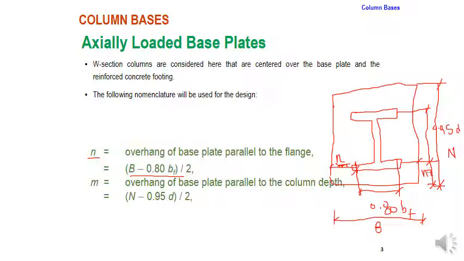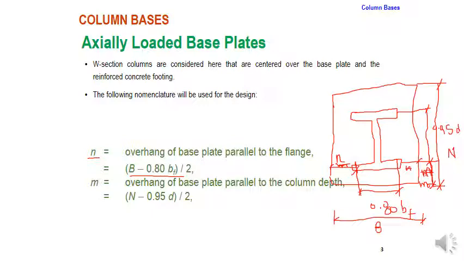If we want to get this M, the overhang part, vertically it will be M, in the vertical direction. So if this is the case, how do we get this M?